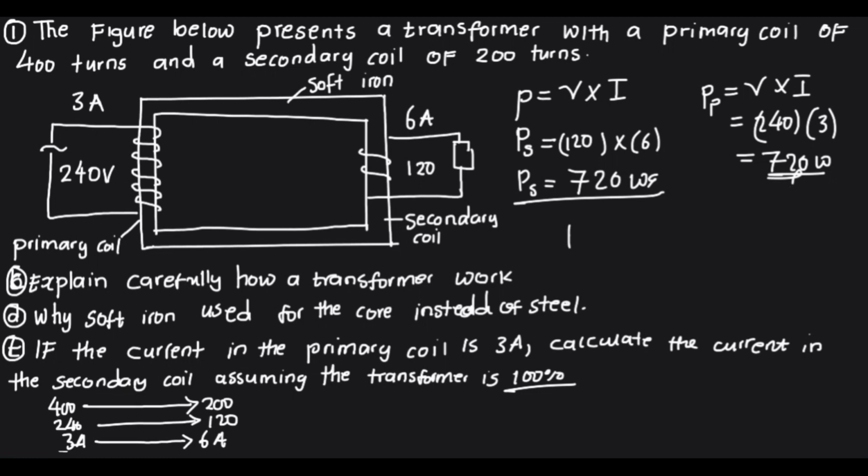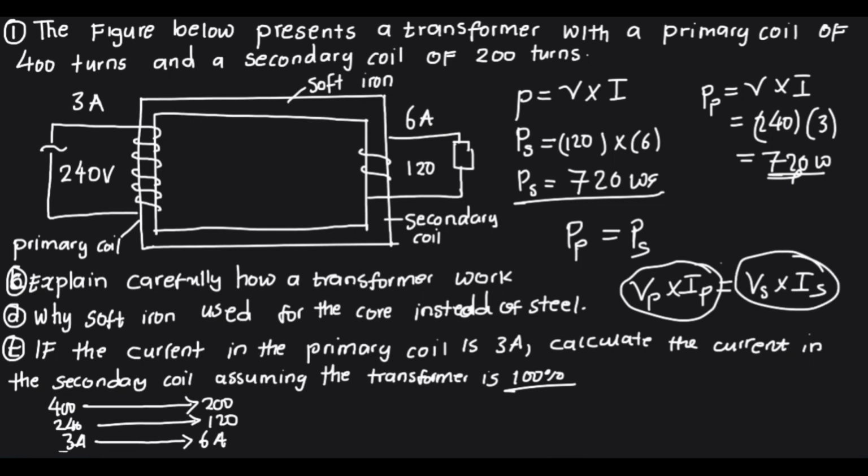So we can see that the power on the primary must be equal to the power on the secondary. That's why we have this formula of VP times IP is equal to VS times IS. This means the power, and this also means the power. So the power must be equal for you to use that formula.